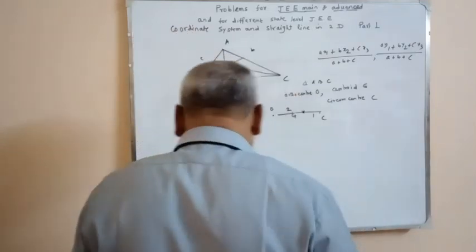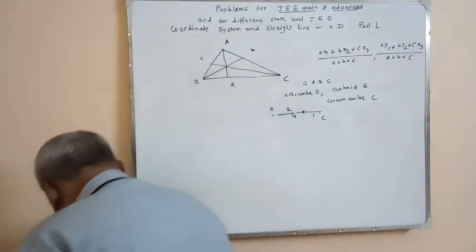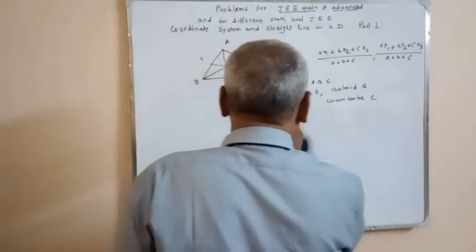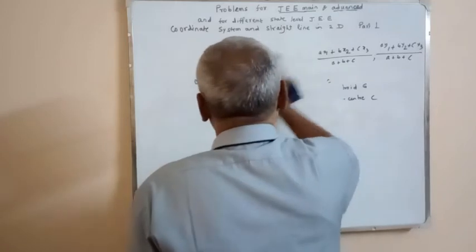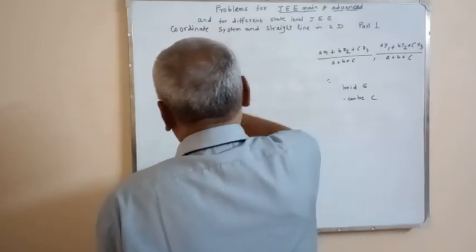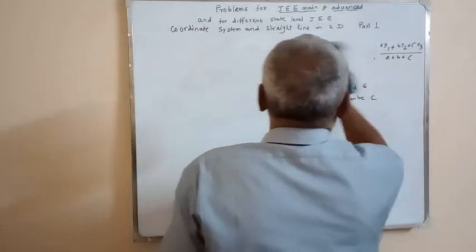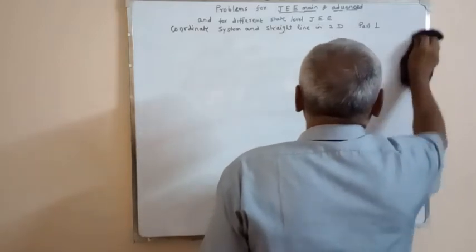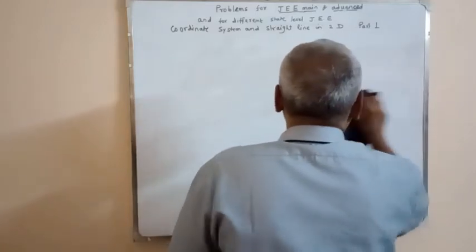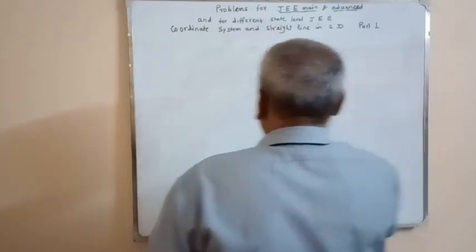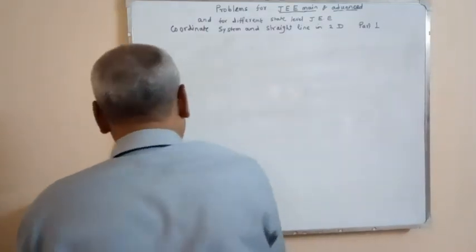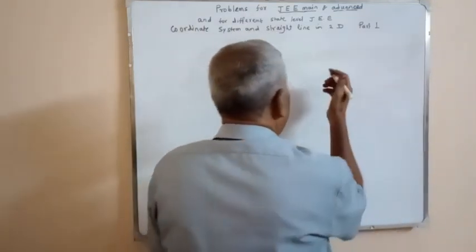The next important point to discuss is that for any right angle triangle, the vertex containing the right angle is the orthocenter of the triangle.